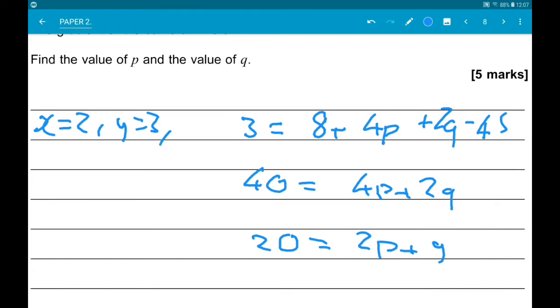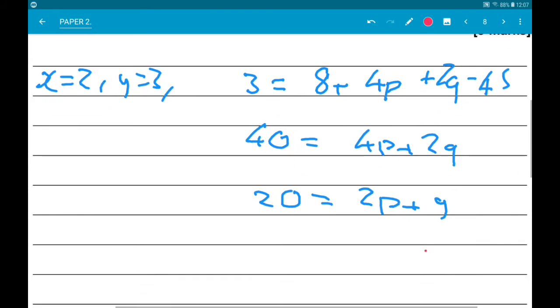Okay, there's one equation. So I'm going to write it as 2p add q is 20. Okay, next we know the gradient at r is 8. So we need to differentiate.